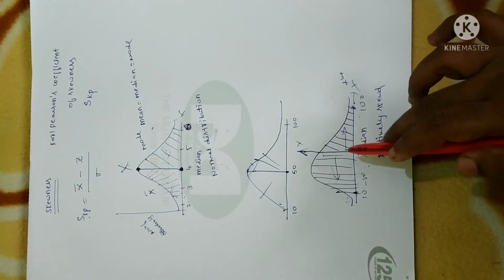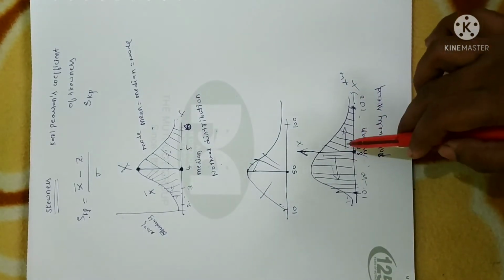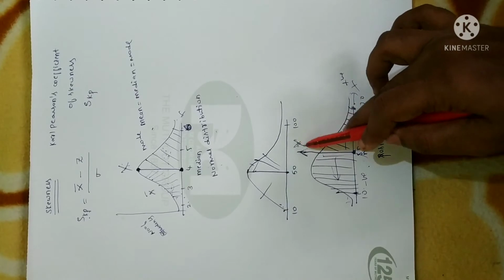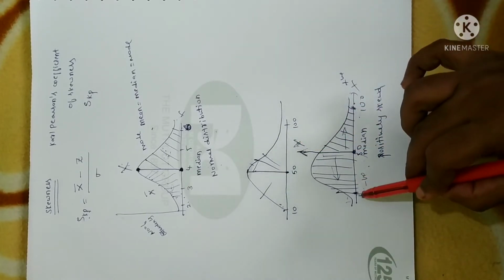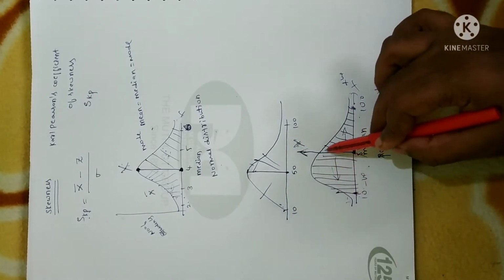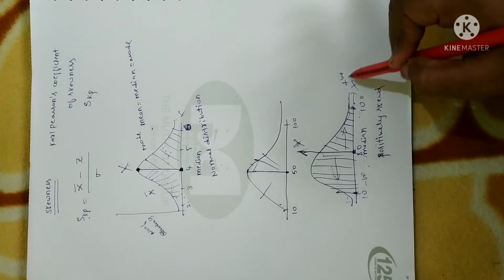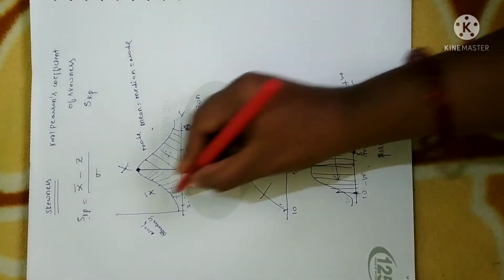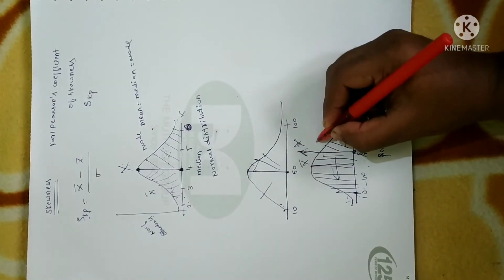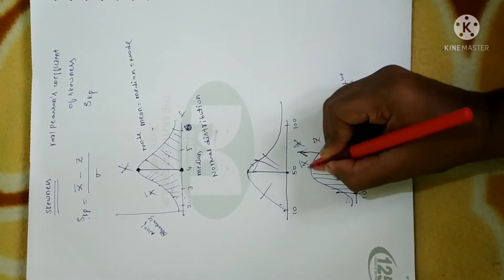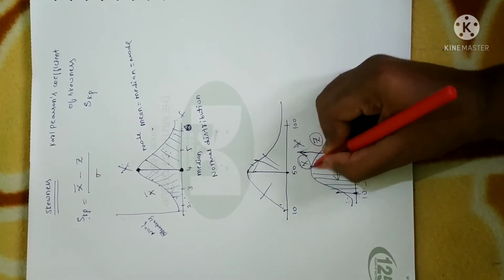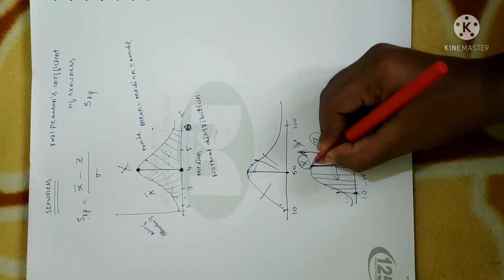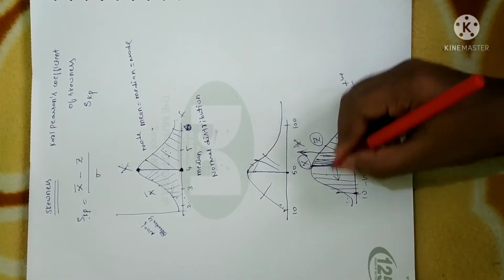Fine. In the second case, you can note that if you consider this as the y-axis, this will be the positive x-axis and this will be the negative x-axis. Here, the curve is skewed with reference to the positive x-axis. And to the right side of the central tendency, as I said, you will get mean, and to the left side you will get mode. So in this case, which is the highest value here?